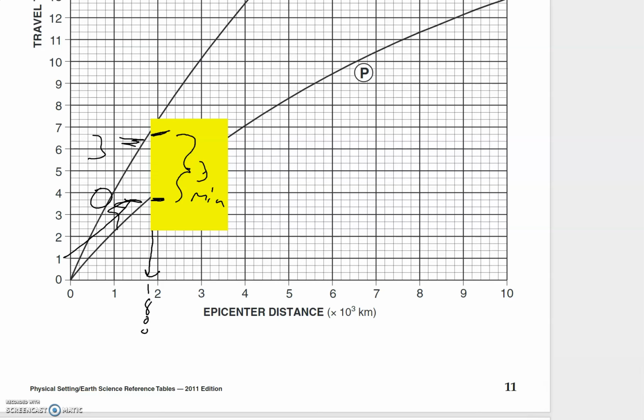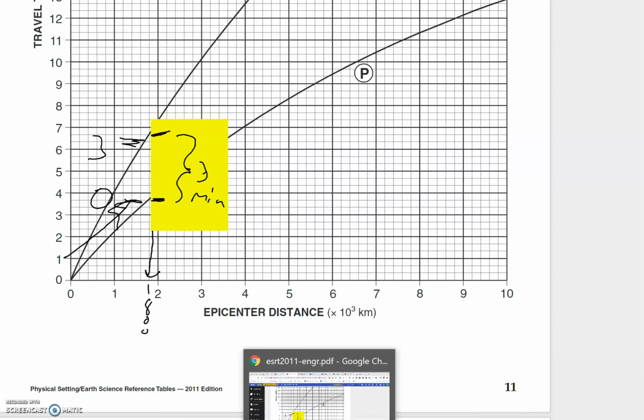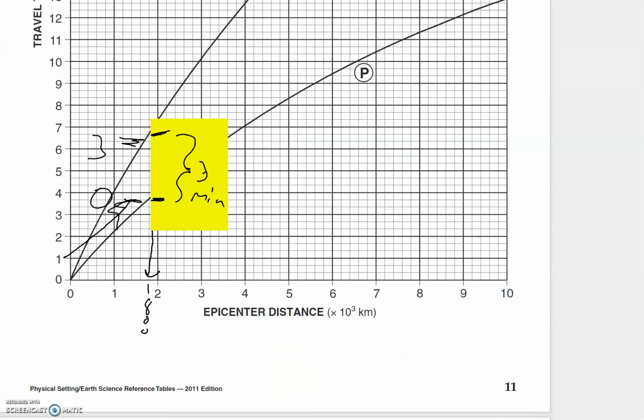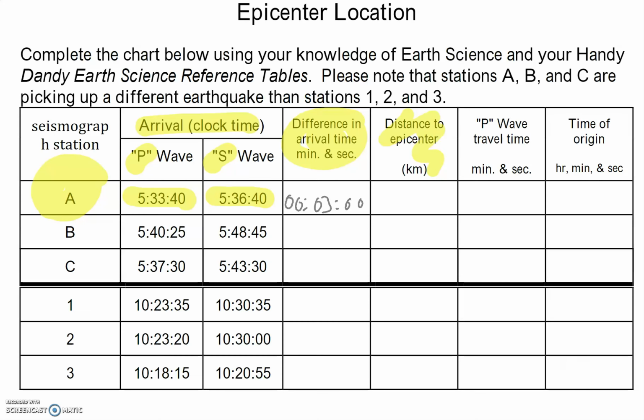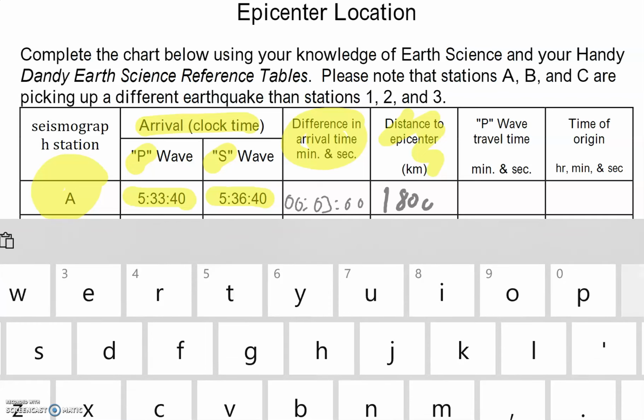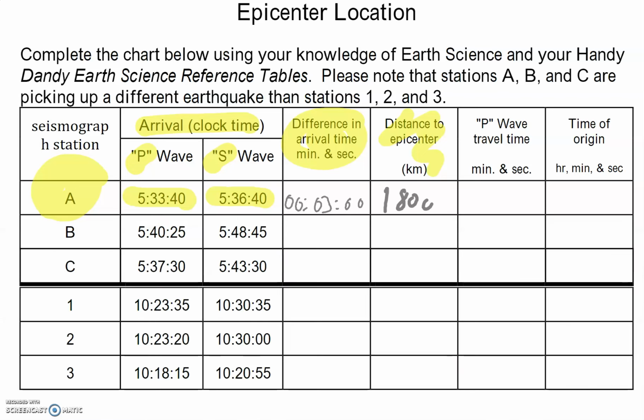Remember, those are 200-kilometer marks. What that means is my distance from the epicenter is 1,800 kilometers, all right? So, that's how we do that.